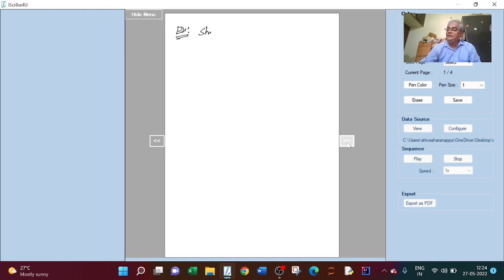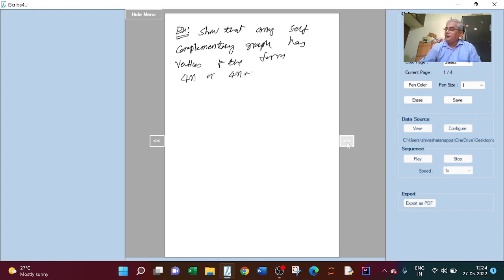Show that any self-complementary graph has vertices of the form 4n or 4n plus 1.